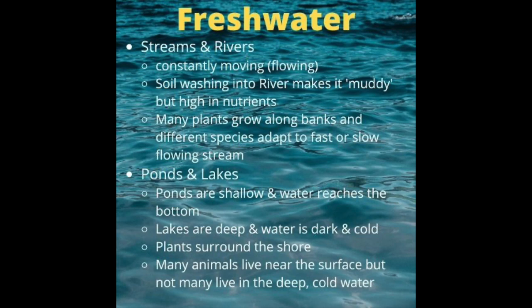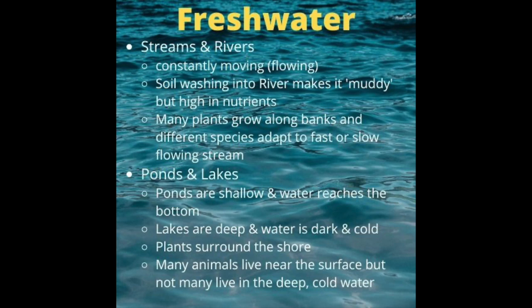Along both streams and rivers, you're going to find plants that grow along the banks and different species that are adapting to whether it is a slow or a fast-moving stream. Ponds and lakes are also freshwater ecosystems. However, they do not flow. They are completely enclosed. Ponds are going to be more shallow, and sunlight's going to be able to reach the bottom.